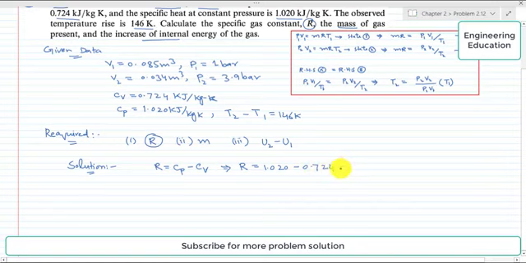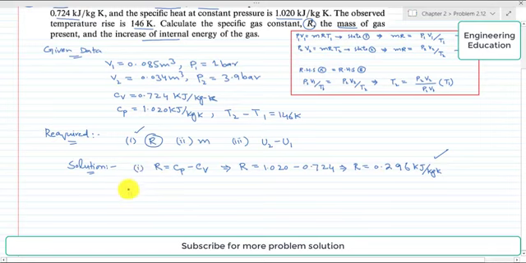So subtracting it, you will get the value of R, and it comes out 0.296 kilojoule per kilogram per Kelvin. So this is the required solution of part 1.